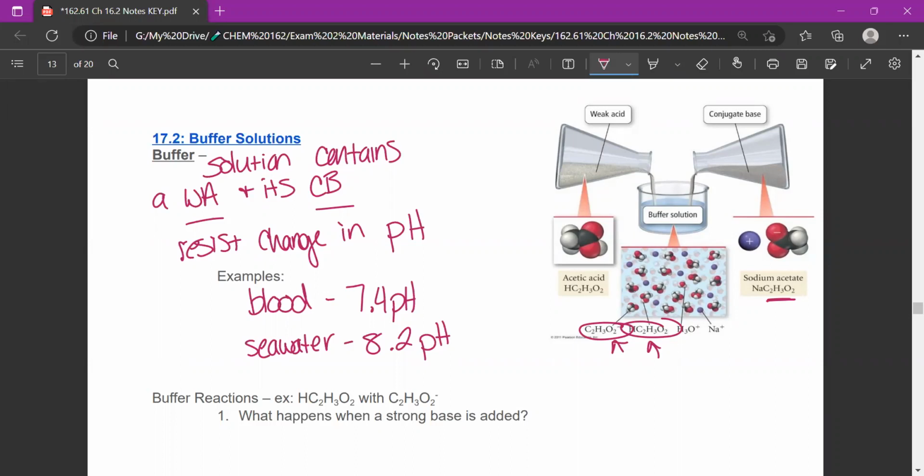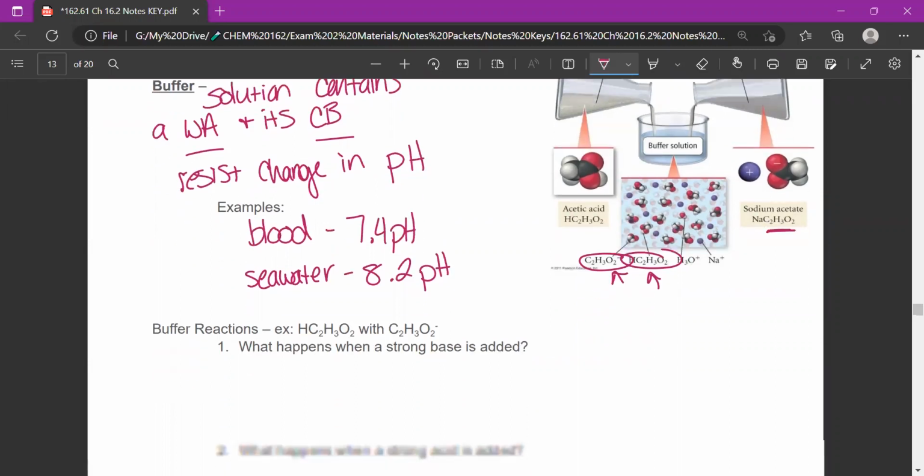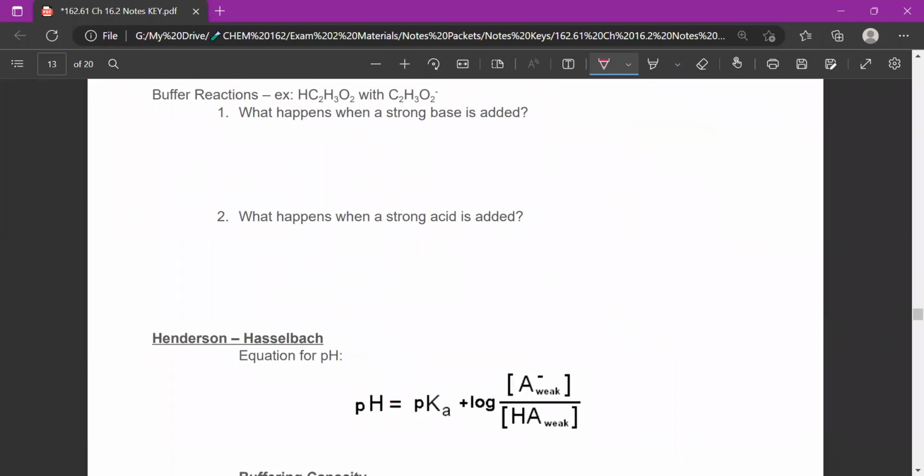Okay, so I'm going to show you these buffer reactions. We're going to use acetic acid and the acetate ion because that is my go-to example for a weak acid and its conjugate base. Also because they're used a lot. So how does it resist this change? What happens when I add a strong base? What happens when I add a strong acid? Why does it buffer?